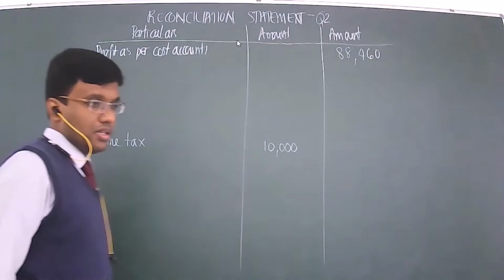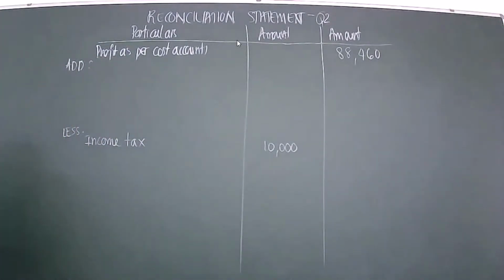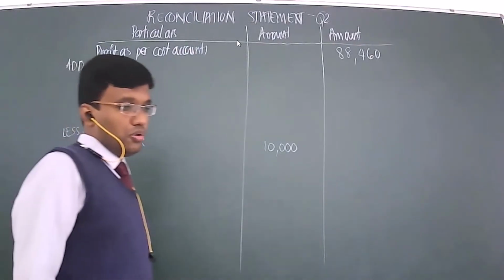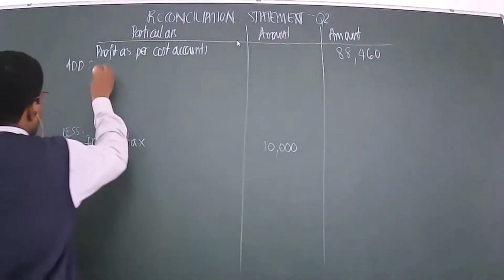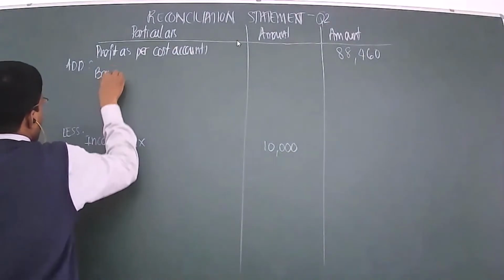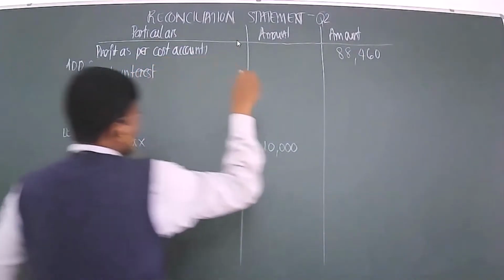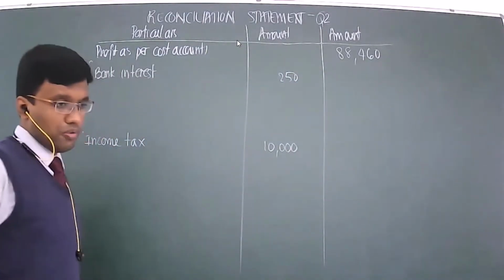Next, bank interest credited. This is a financial income. So for financial income, do we add or do we subtract? We have to add. So bank interest is 250.